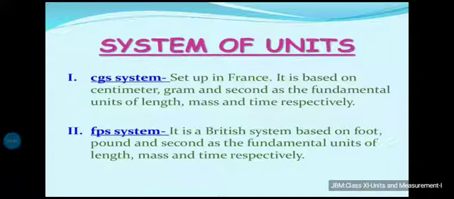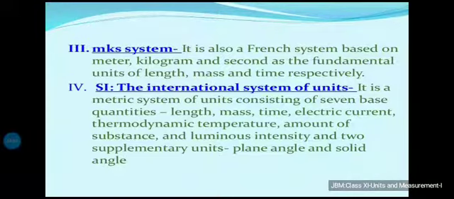FPS system, a British system, is based on foot, pound and second. So F stands for foot, P stands for pound and S stands for second as the fundamental units of length, mass and time respectively. MKS system is also a French system based on meter, kilogram and second as the fundamental units of length, mass and time respectively.